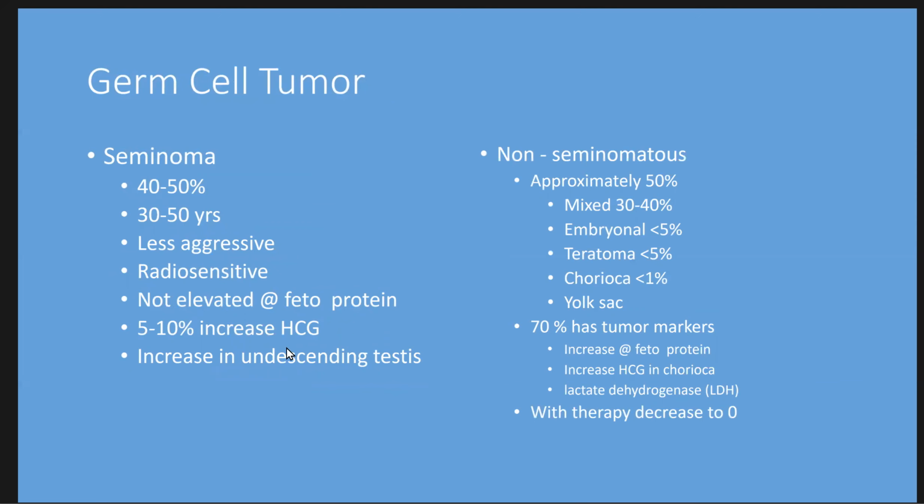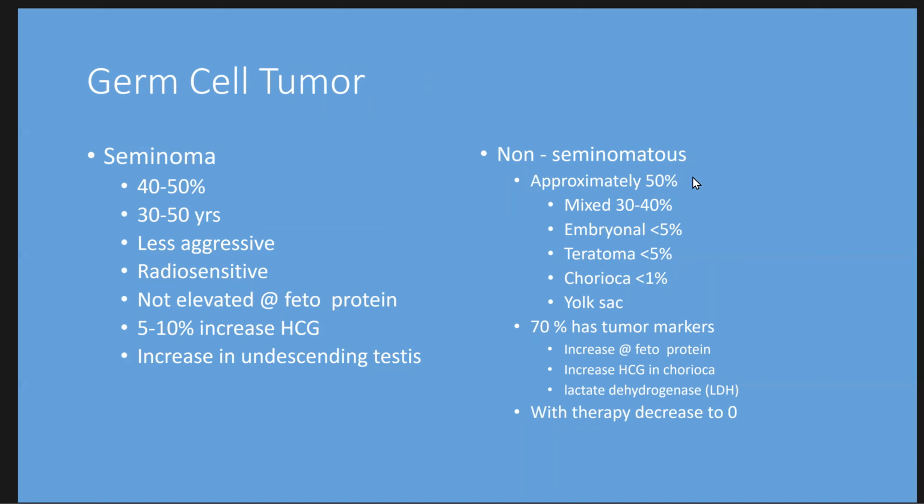Germ cell tumors have two types: seminoma and non-seminoma. Seminoma is about 40 to 50% of germ cell tumors, occurs between 30 and 50 years, is less aggressive, radiosensitive, and has no elevation of alpha fetoprotein, but 5 to 10% have increased HCG, and it is increased in undescended testis.